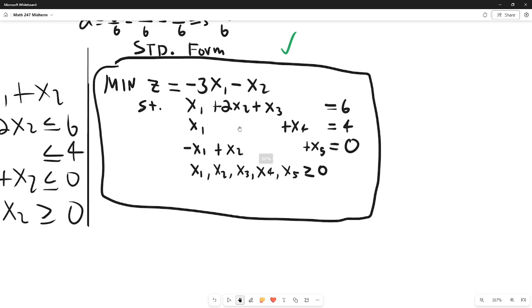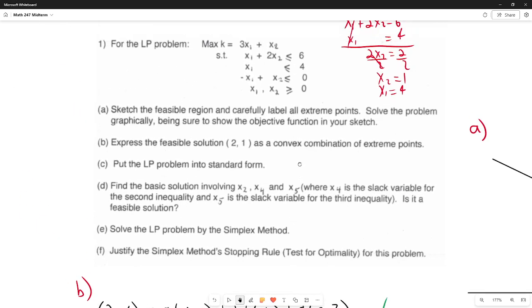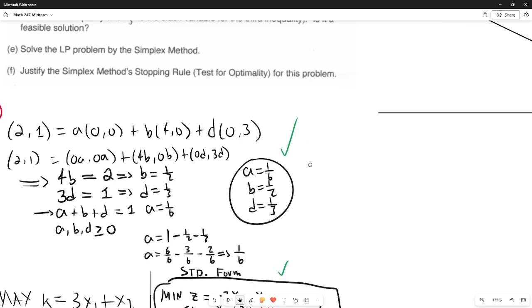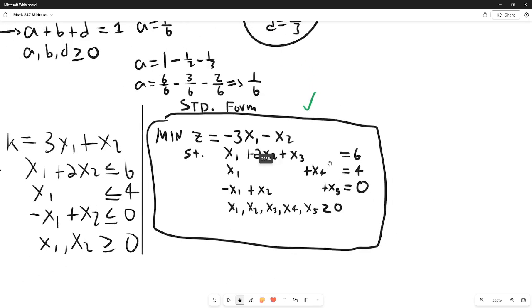This is the first, this is the second, so x4 is the slack variable for the second inequality. And x5 is the slack variable for the third inequality: 1, 2, 3. I forgot to mention, these extra variables that we created are called slack variables.